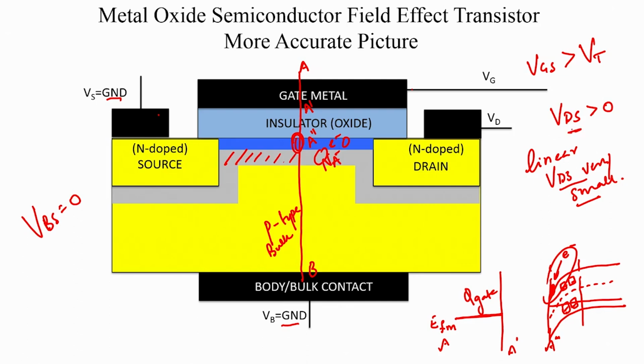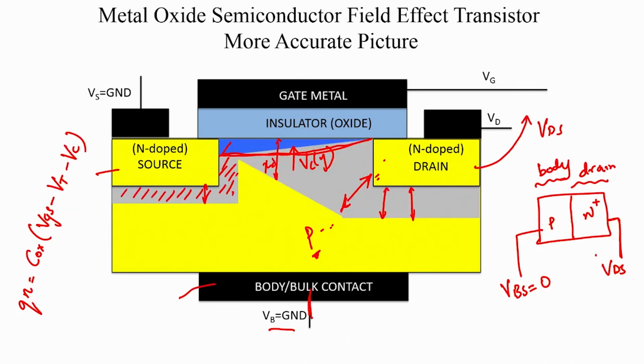But then while talking about saturation mode operation, we just continued using the same equation and substituted VGS minus VT for VDS after giving some qualitative analysis. Okay, so can we quantify these bits a little better? That's the point of the next few slides.